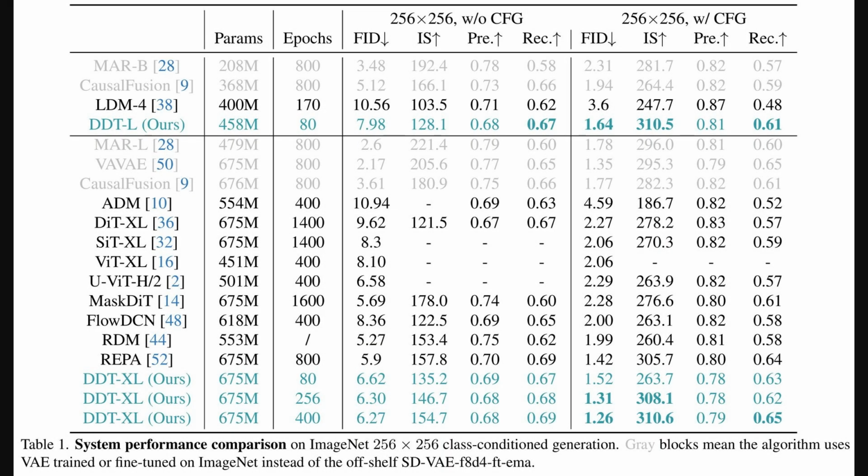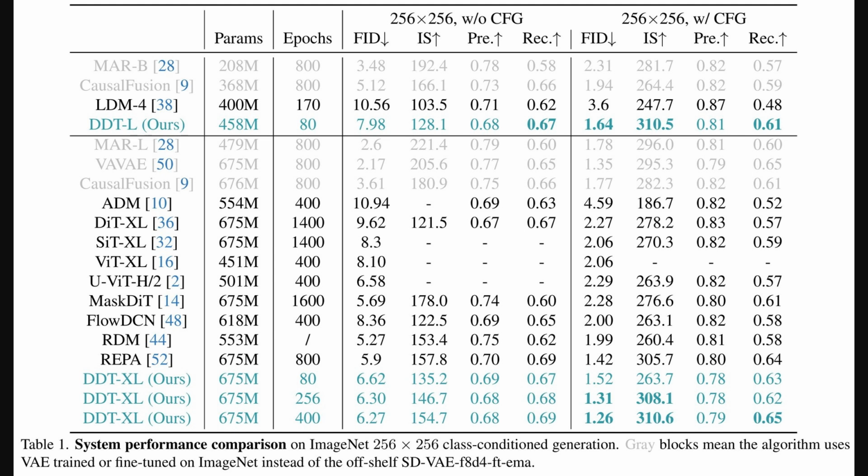So, Table 1 here really quantifies those impressive results, specifically for generating images on the ImageNet 256 by 256 dataset. It compares different models, including the Decoupled Diffusion Transformer, looking at metrics like Fréchet Inception Distance, which we know lower is better, and also Inception Score, or IS. Inception Score, well, that measures both how good individual images are and how diverse the set of generated images is, so higher is better there.